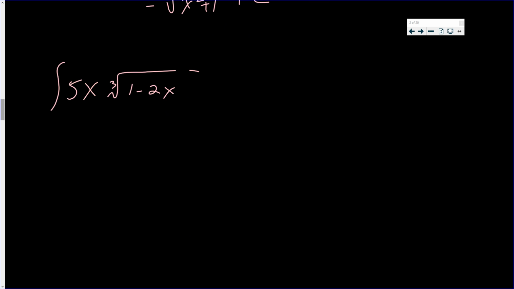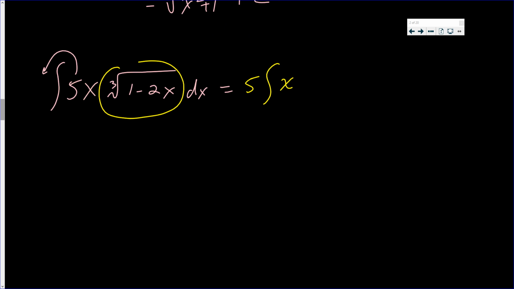So it's 5 times the integral of x, and I'm going to write that as 1 minus 2x to the 1/3 power dx. Like I've been saying, generally, let what's being raised to the power be u. Notice you can't distribute the x now, but in a moment you will be able to. So du, if you need to, is -2 dx.